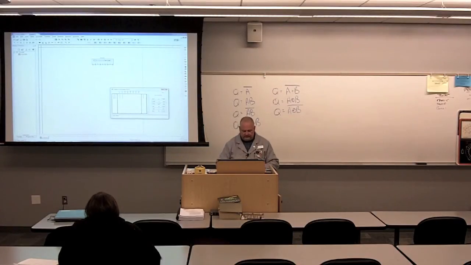Or B not and C not and D. Or B not and C not. I'm sorry. B not, C not, or A not and B and C and D equal 1.